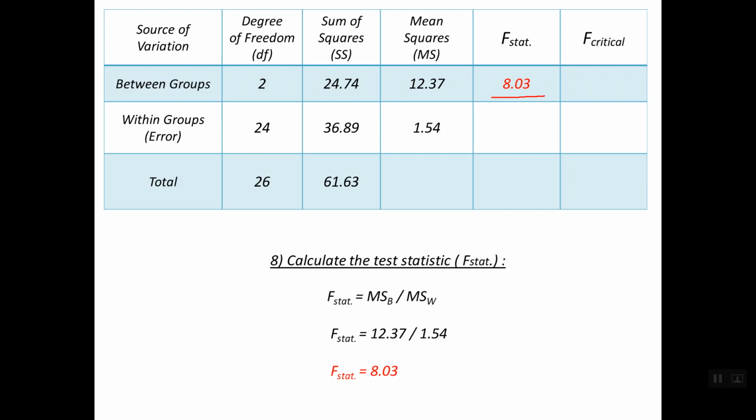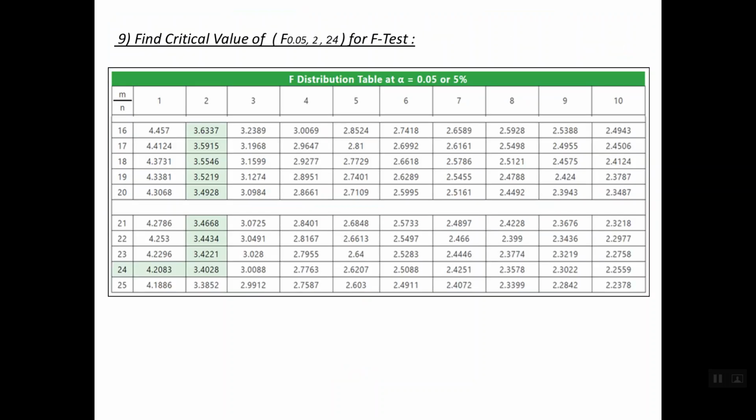Now the rest, in order to complete all the contents of this table, is to determine the value of the F critical. And in order to determine this value, we should return back to the table for the F distribution. So what we have here is the F distribution table at alpha equal 0.05.